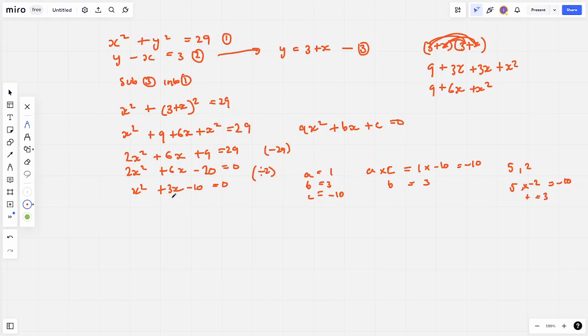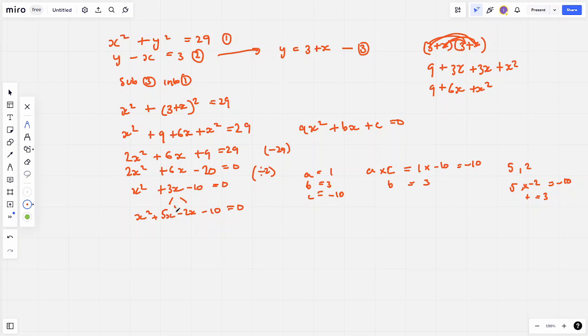So what we can do is split this into two terms, which is going to be our positive 5x minus 2x. As that still equals 3x, drop the two terms down, which is x squared, and then the minus 10 equals 0.